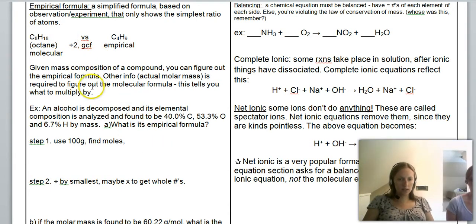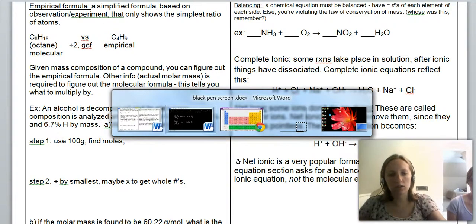And the thing that you need is the actual molar mass, because if you know the actual molar mass of C8H18, you can look at C4H9s and go, oh, I should probably double that, and then you can double the formula. And here's an example, which I will carry out on the black screen.